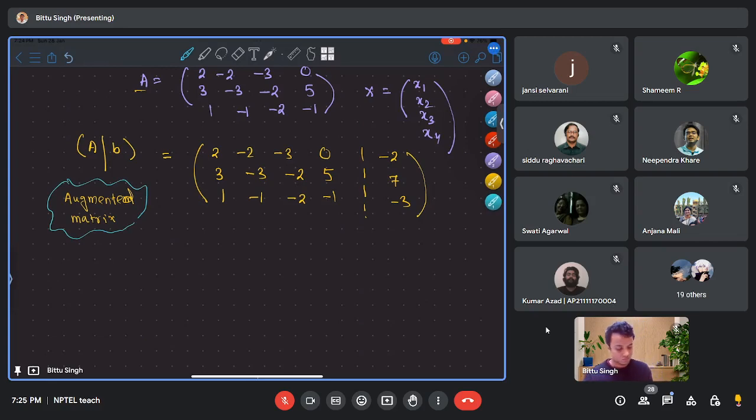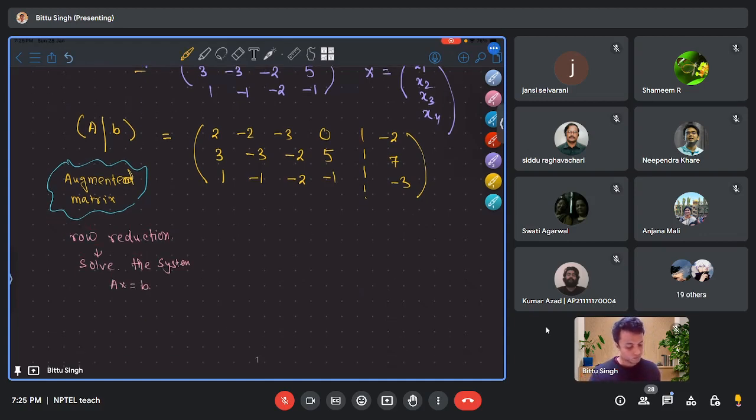So how can we solve this? Simply use row reduction. Okay. By using row reduction, we can solve the system. The system was Ax equal to b.